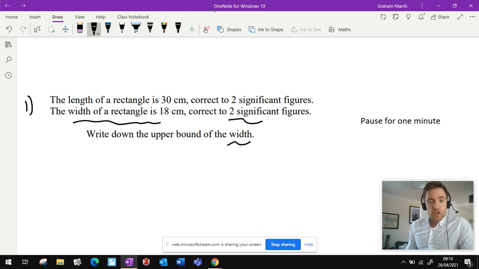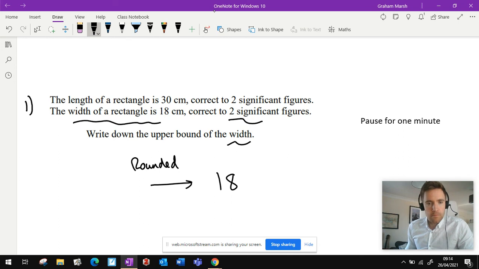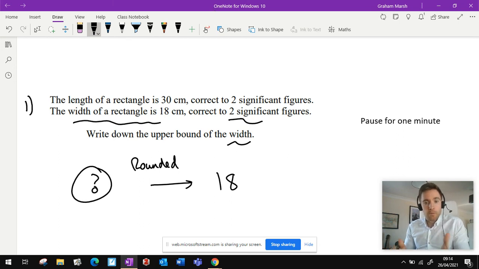So with any bounds question, you're given a value that has been rounded. So in this case, we've gone to 18 after rounding to 2 significant figures. So that's what it is now, but what was it before? You have to think of this process here. Something was measured, and then it was rounded, and then it became 18.